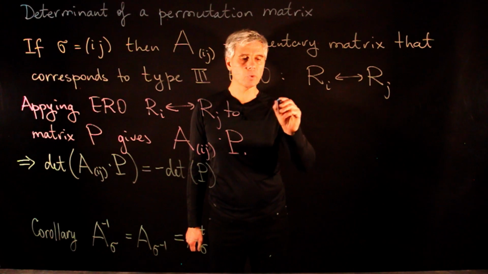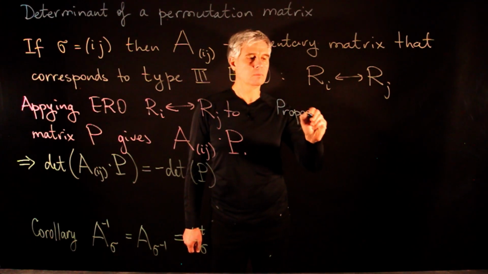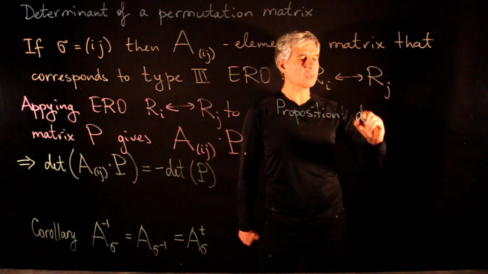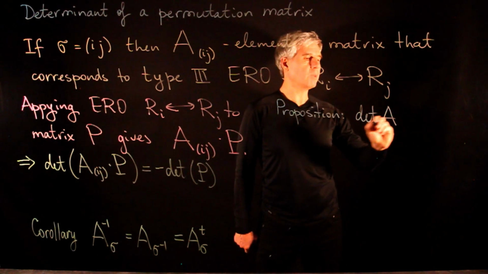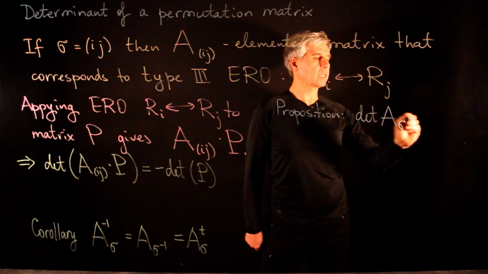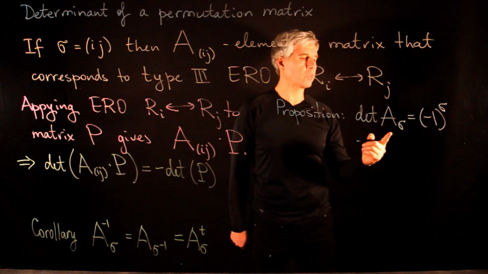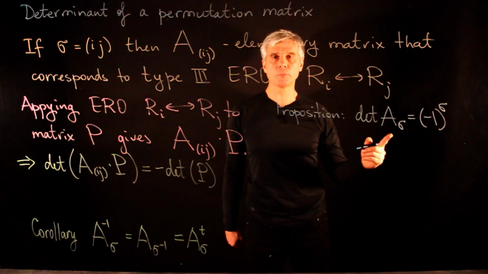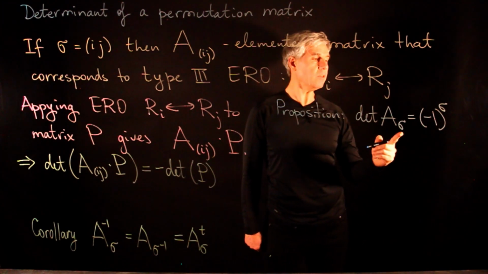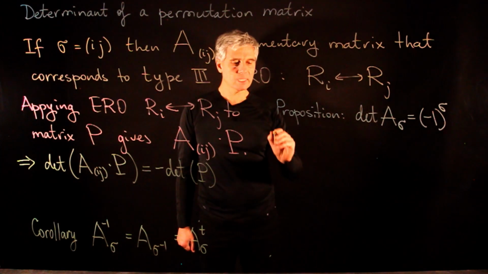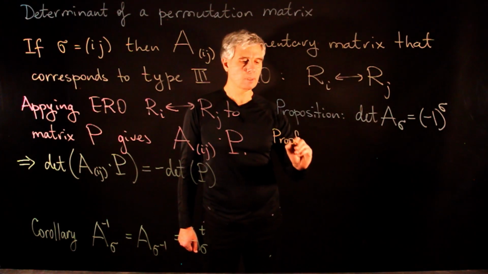Now we can prove the following proposition, that the determinant of a permutation matrix A sigma is equal to the parity of the permutation sigma. So this means that this determinant is equal to +1 if sigma is an even permutation and -1 if sigma is odd. So let's give a proof of this.